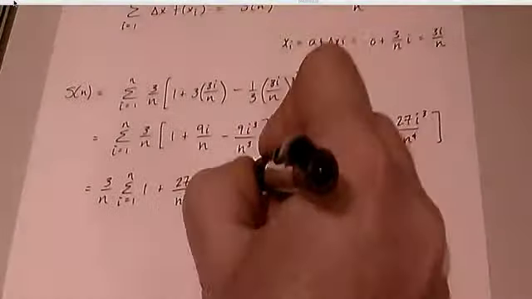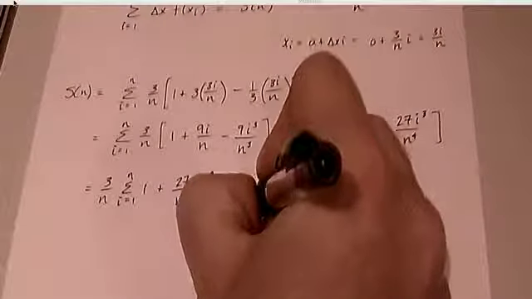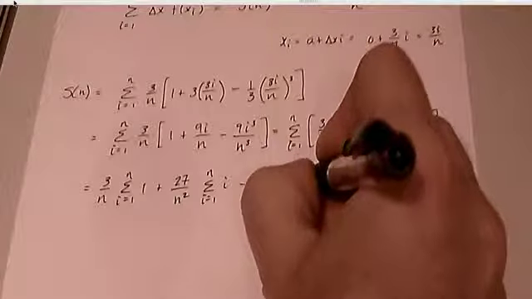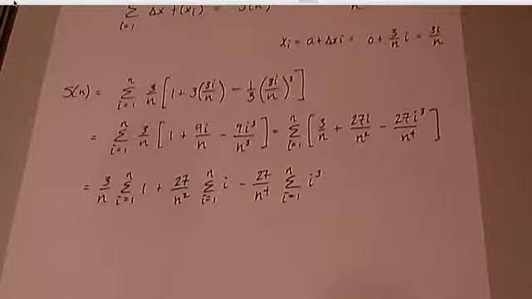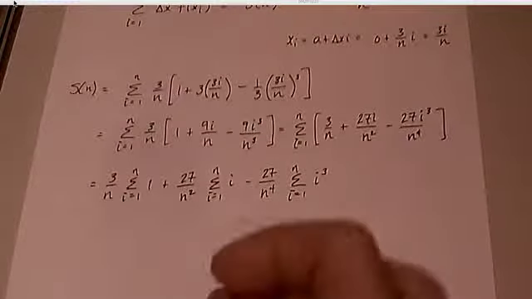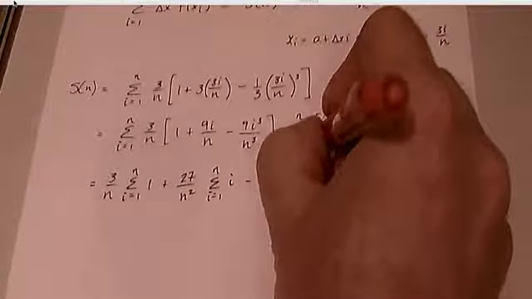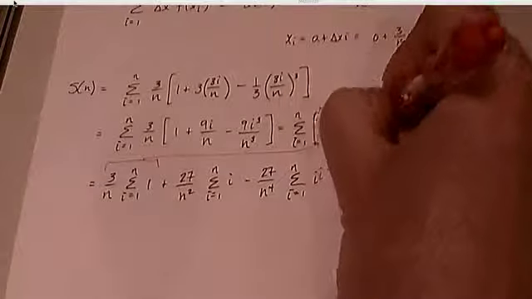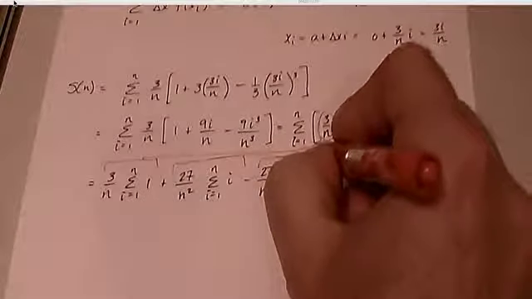And then minus 27 over n to the 4th, sigma i is equal to 1 to n of i cubed, okay? Now, if you miss that, this term is here, okay? This term is here, and this right here is this term, okay?